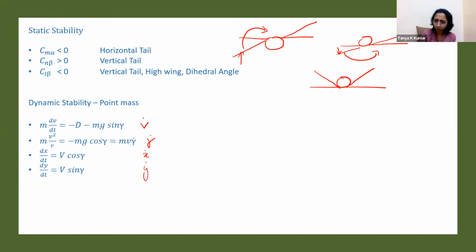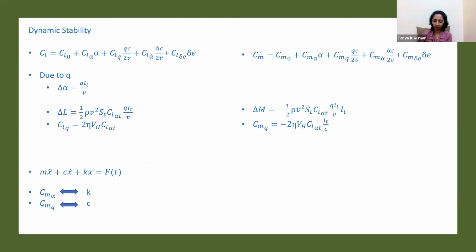We then moved on to aircraft. So we moved from a point mass system to an aircraft. What comes in are the aerodynamic parameters. Aerodynamic parameters are CL and CM for the longitudinal case. Till now, how did we approximate CL?